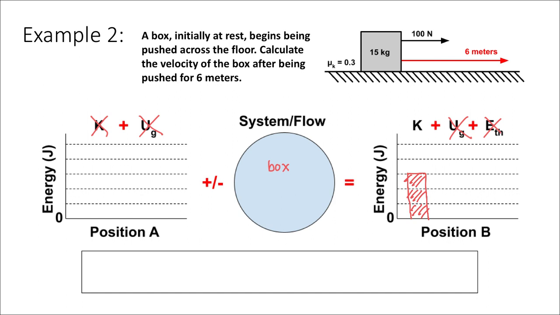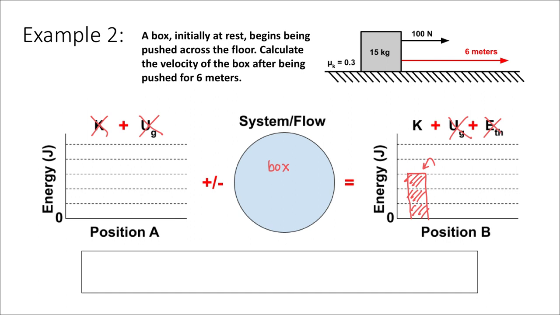So if I have 3 packets of energy after, and I had none before, that means that somehow the box had to get 3 chunks of energy. And that's the work that was done on that box. I know that the box is being pushed across the floor. There is positive work done because the force applied is in the same direction as the displacement.